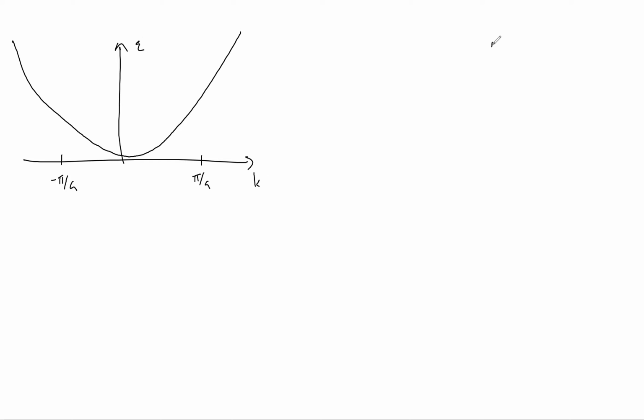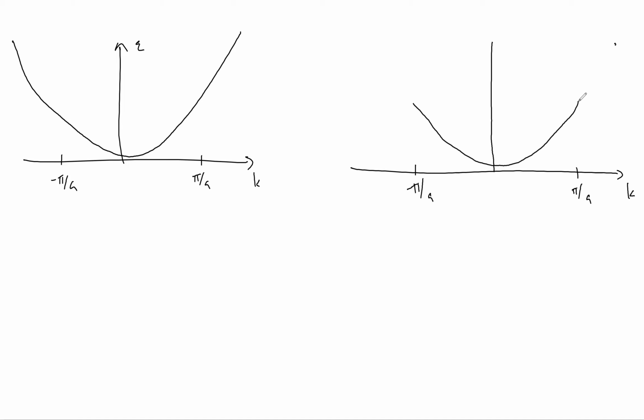But if we decide to restrict k to lie in the first Brillouin zone, so here are the boundaries, plus minus pi over a, now we would draw a scenario that looks like this, where this is the n equals 0 branch. This would be the n equals plus 1 branch. And this would be the n equals minus 1 branch.